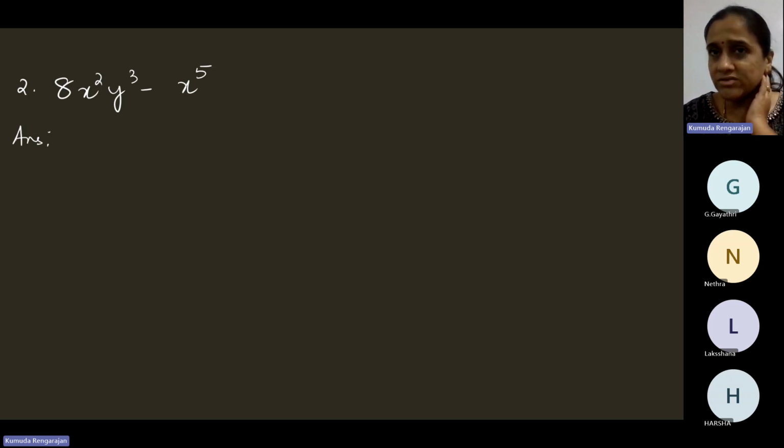If the two terms have something in common, other than one, taking out the common factor is the first step. That should be prioritized. You cannot do that later.